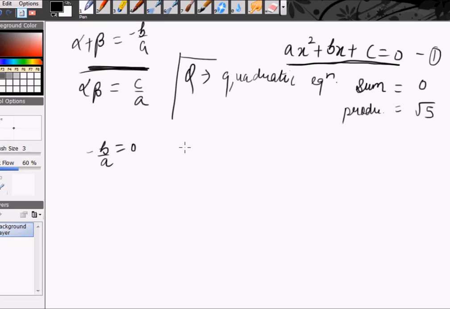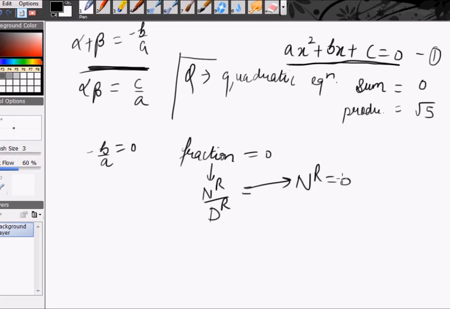Friends, if any fraction is 0, fraction means numerator over denominator in simple words, then this implies that numerator equals 0 and denominator is a non-zero term.